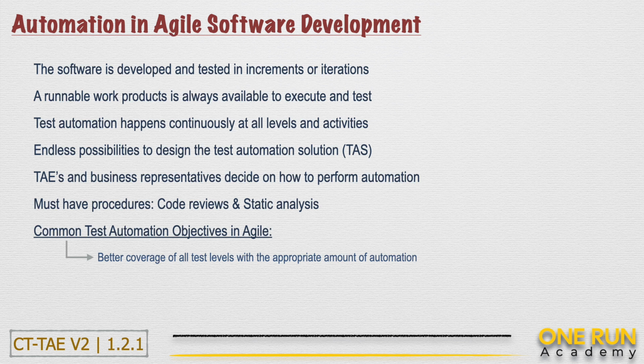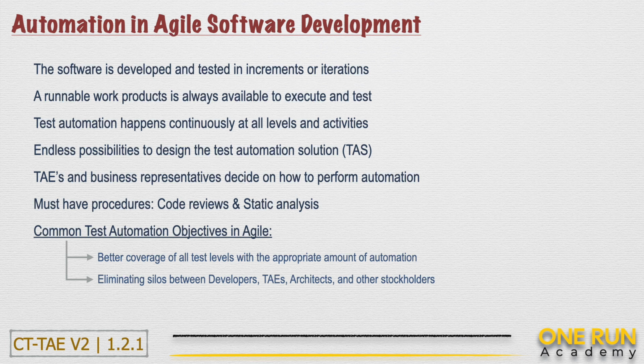I believe you get the point here. Second, eliminating silos between developers, TAEs, architects, and other stakeholders. So, Agile thrives on collaboration, and automation tasks are planned and executed together, breaking down barriers between the teams.